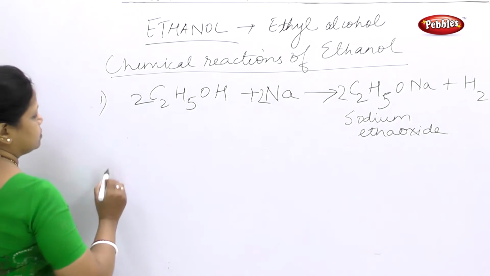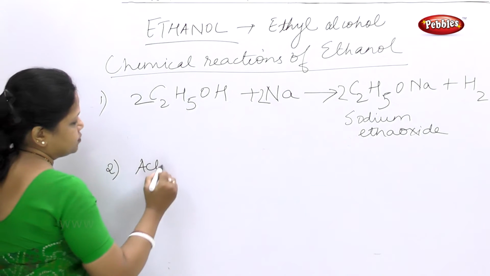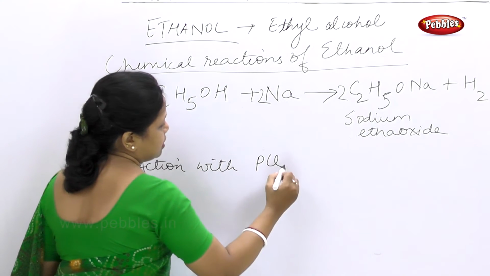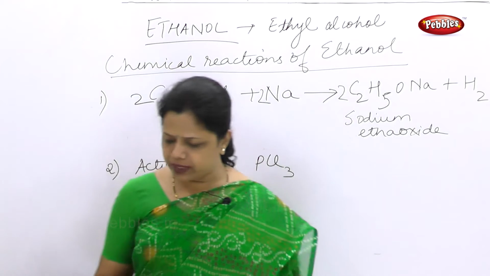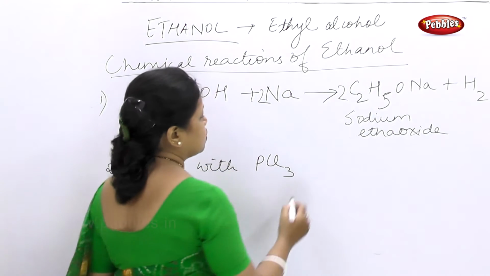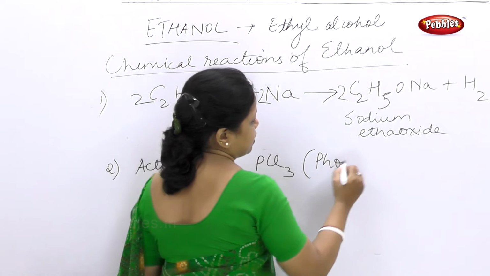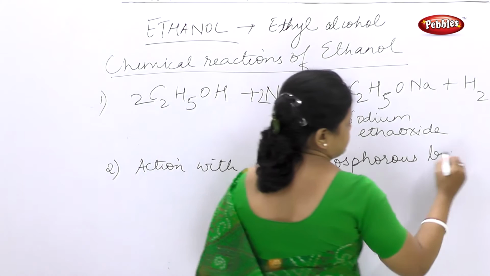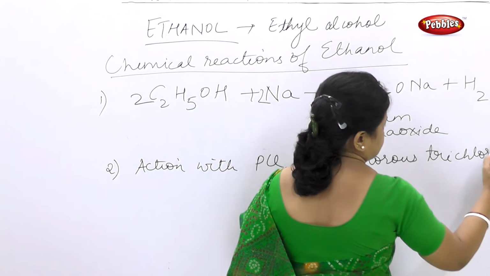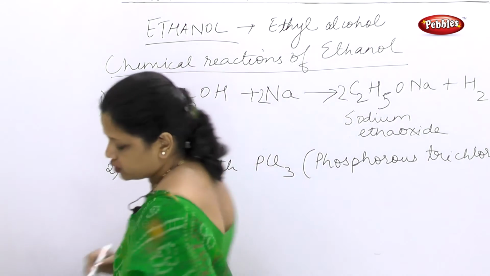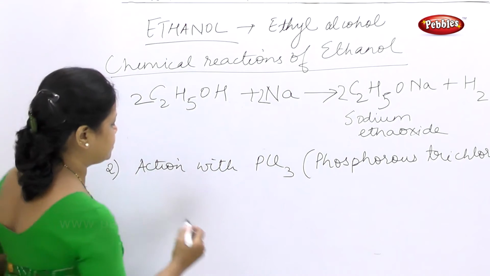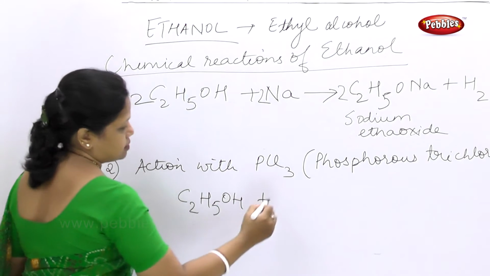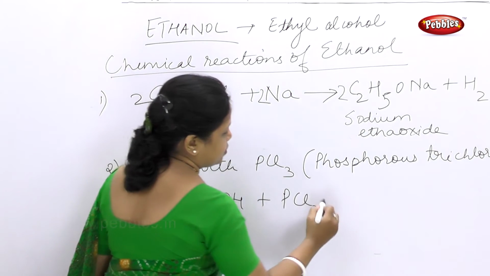This was the first reaction. The second type of reaction is the reaction with PCl3. Now what is this PCl3? It is phosphorus trichloride. Now what is happening? Let's see. C2H5OH plus PCl3.